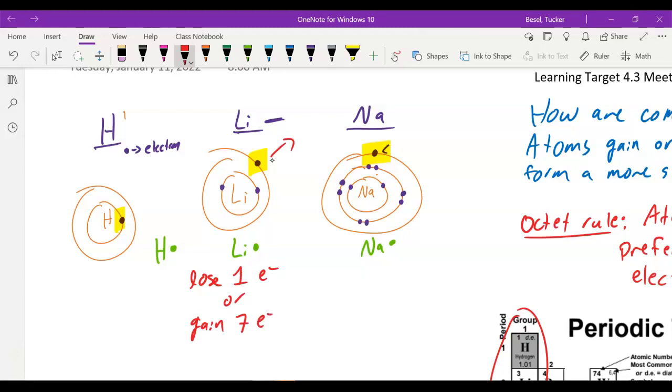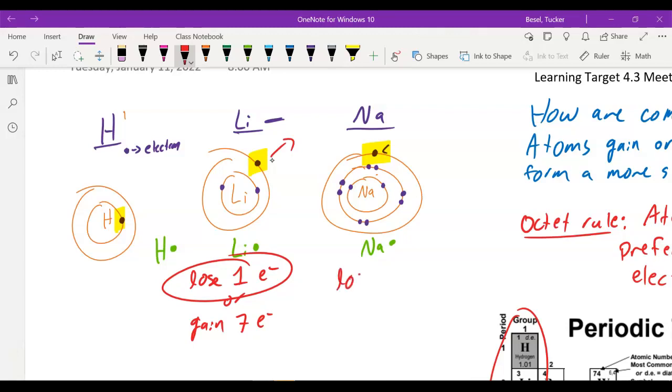You can either lose one electron, and then it would have a full valence shell here, and remember that first level only needs 2. Or it could gain 7, so 1, 2, 3, 4, 5, 6, 7. What's easier? Losing 1 or gaining 7? It's going to lose 1 electron, and then it would have a full valence level there. For sodium, it's going to be the same thing.